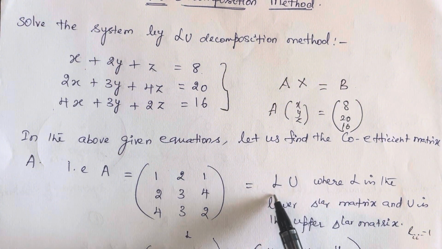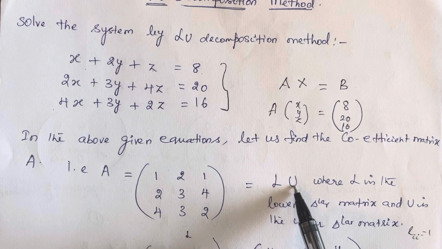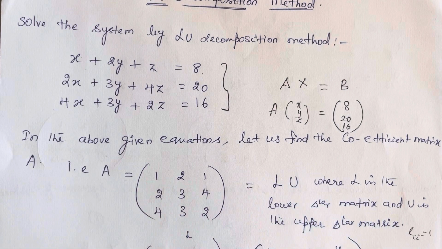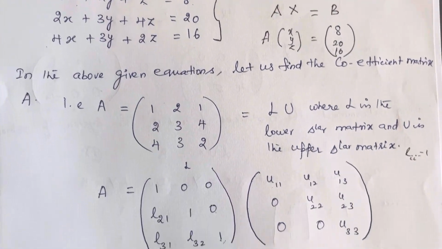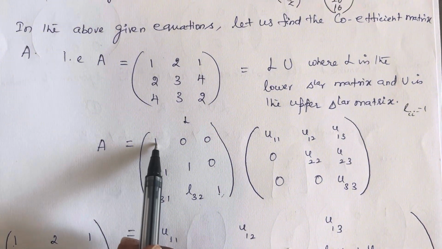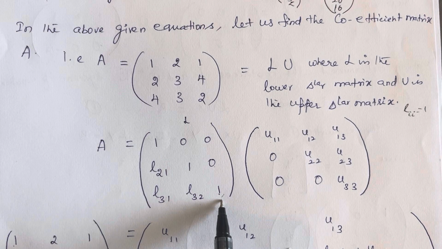I am equating A to LU, where L stands for the lower triangular matrix and U stands for the upper triangular matrix. For the lower triangular matrix, I have taken all the diagonal values as unit values, that is, L11 is 1, L22 is 1 and L33 is 1.